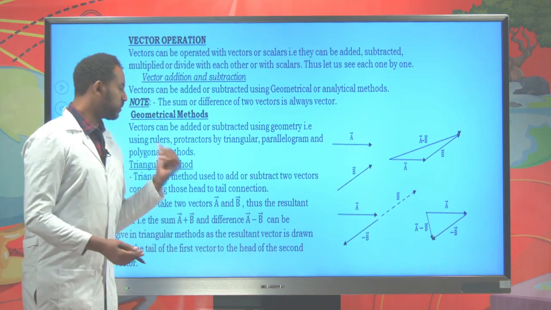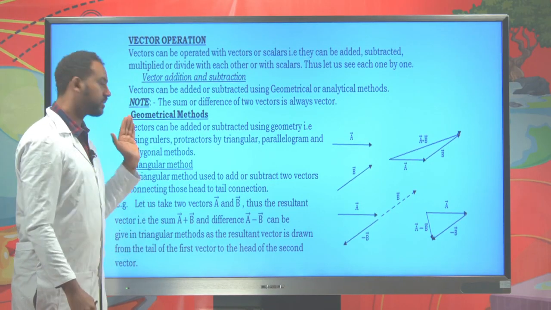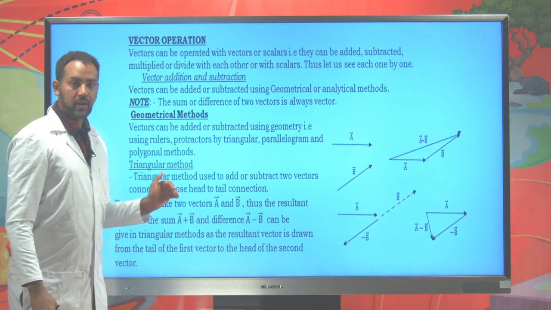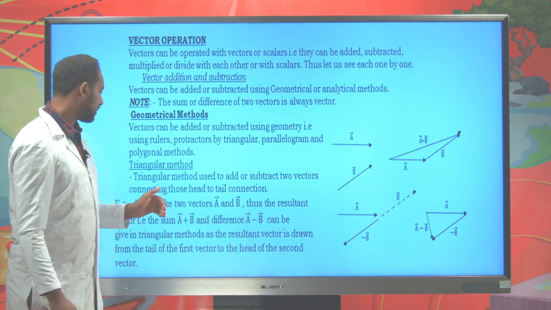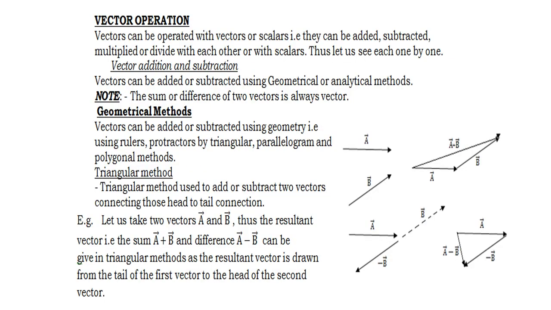The most common geometrical means of adding and subtracting vectors are the triangular, parallelogram, and polygonal methods. Triangular and parallelogram methods are used for only 2 vectors, but the polygonal method is very helpful to add and subtract more than 2 vectors.